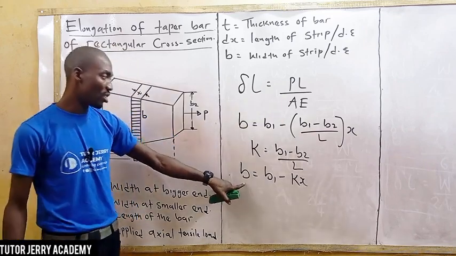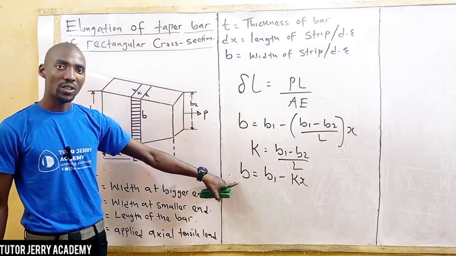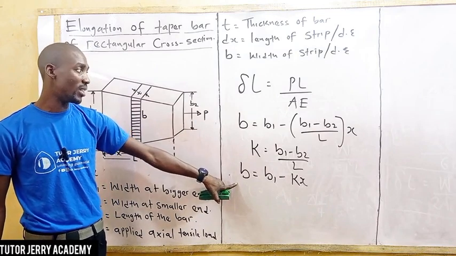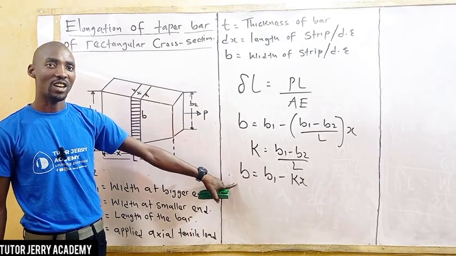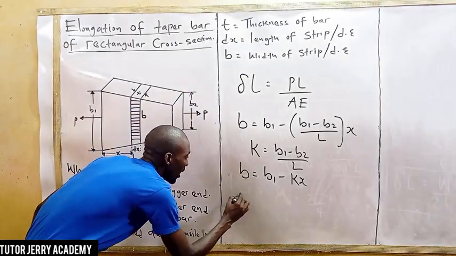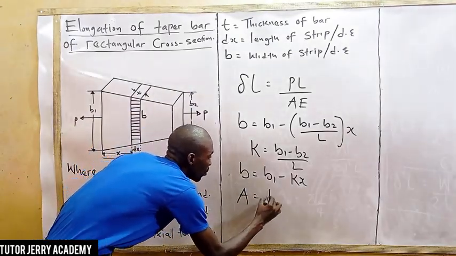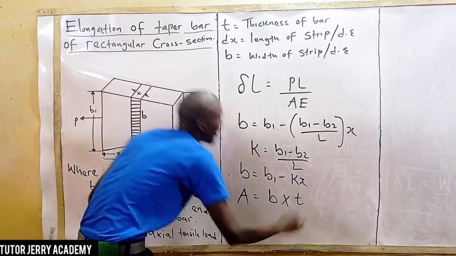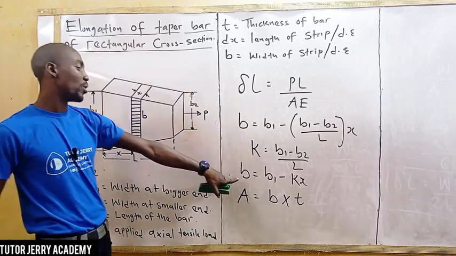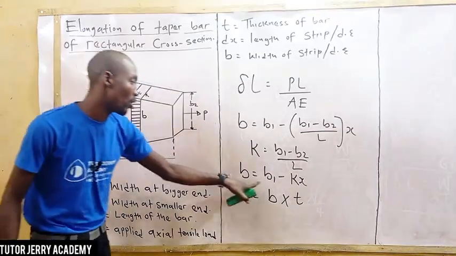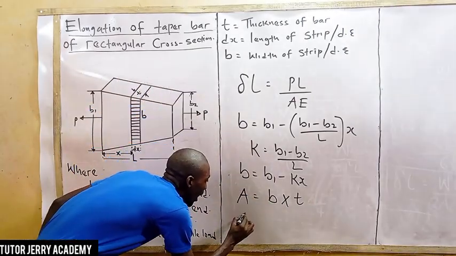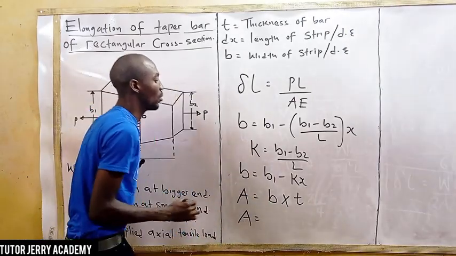But mind you, this is not the area. The area of a rectangle is width times thickness. So now that we have the width of the differential element, we are going to replace it here.